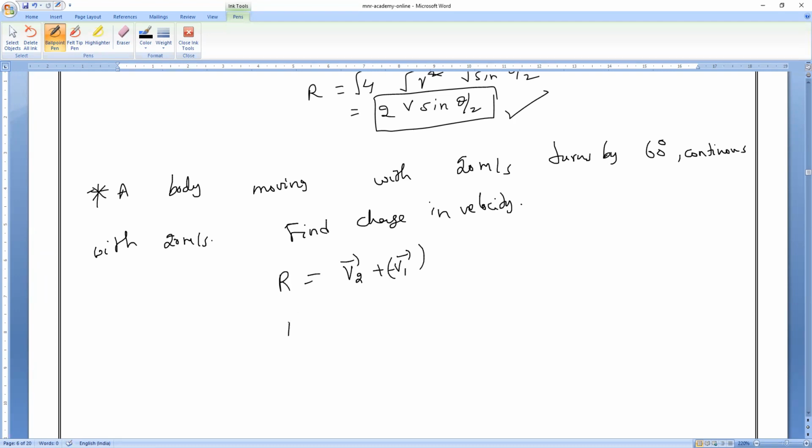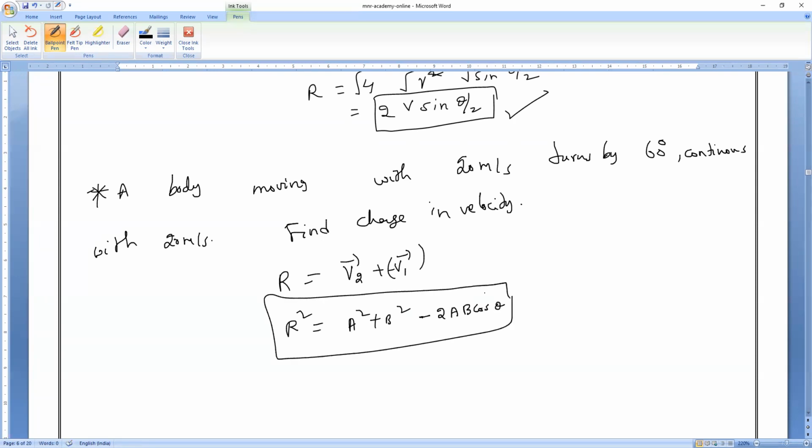Then apply the formula: R square is equal to A square plus B square minus 2AB cos theta. That is what you have to remember.